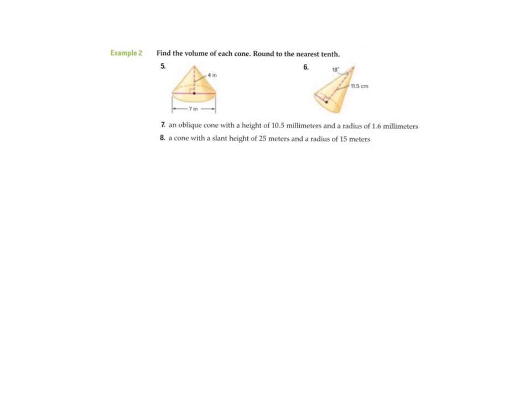So if we look at question number 5, we've got volume equal to 1/3, and the base is pi r squared, and then the height is 4. So all you're going to do now is substitute r for whatever the radius is.